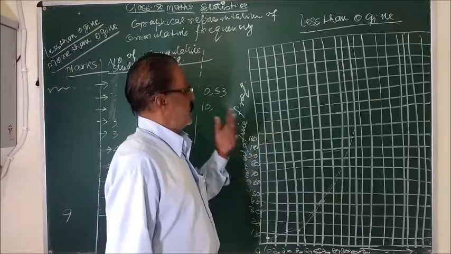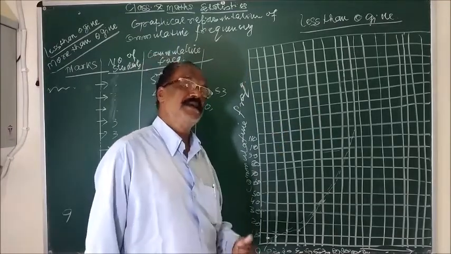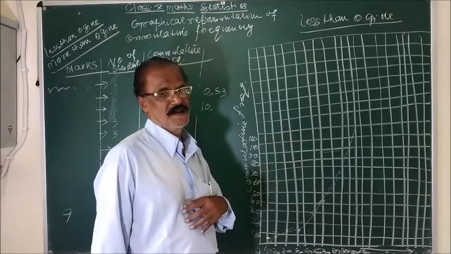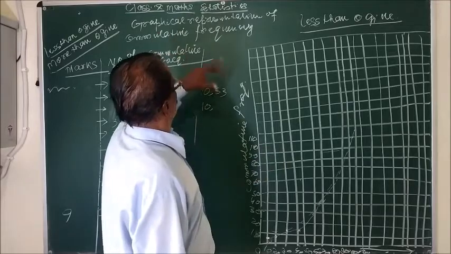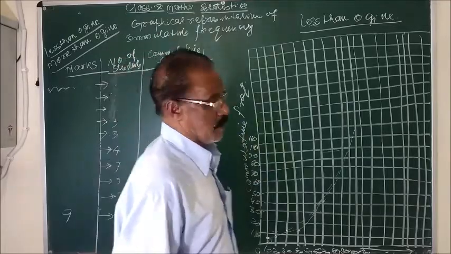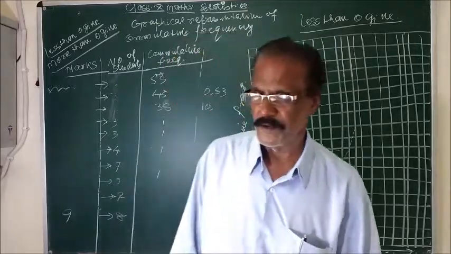If I get time next time, I will explain how we will find the median with the help of this. So that's all for today. This is the important part of statistics, less than type ogive and more than type ogive.